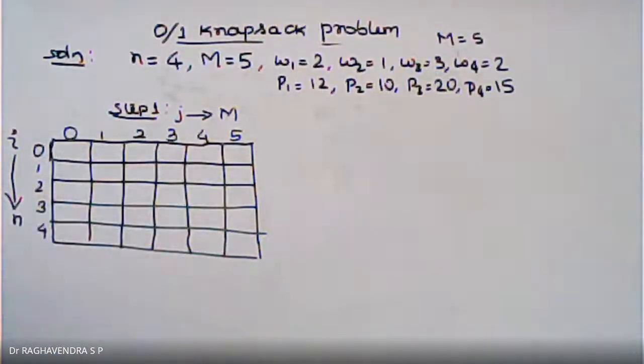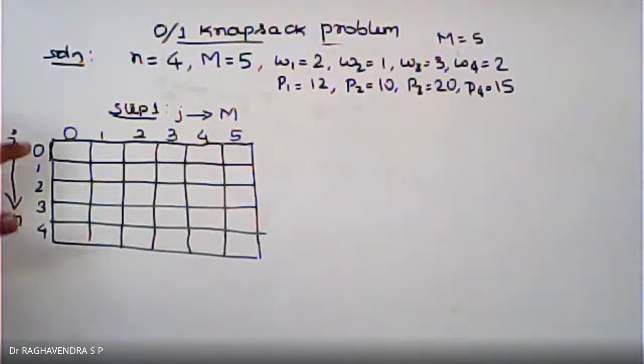The table is clear here. Yes, sir. Because I goes up to 4. Since we are taking 4 plus 1, N plus 1, we start from 0. So the 0th row means no item.